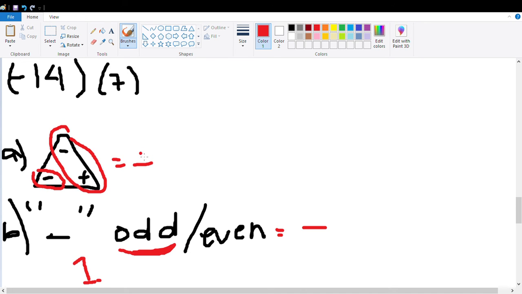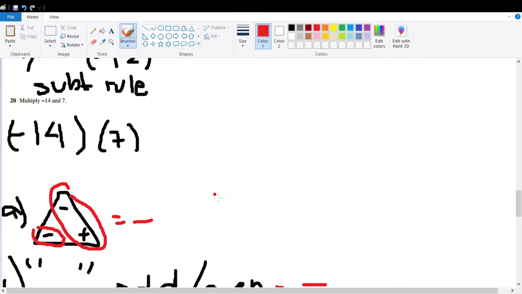In this case, our final answer will have the sign of negative. So 14, and then we simply multiply 14 times 7. 14 times 7 should give you 98.